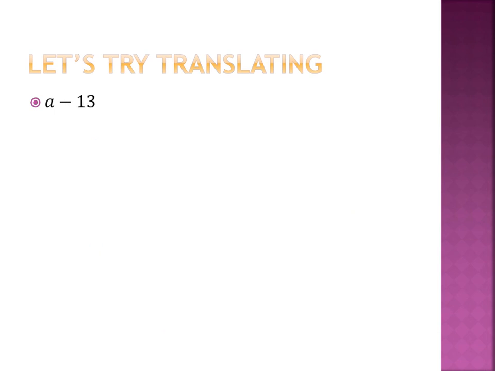All right. Ooh, here is my favorite. It deals with subtraction. All right, give me some. A minus 13. A minus 13. That is correct. A less than 13. Ooh, thank you for saying that.